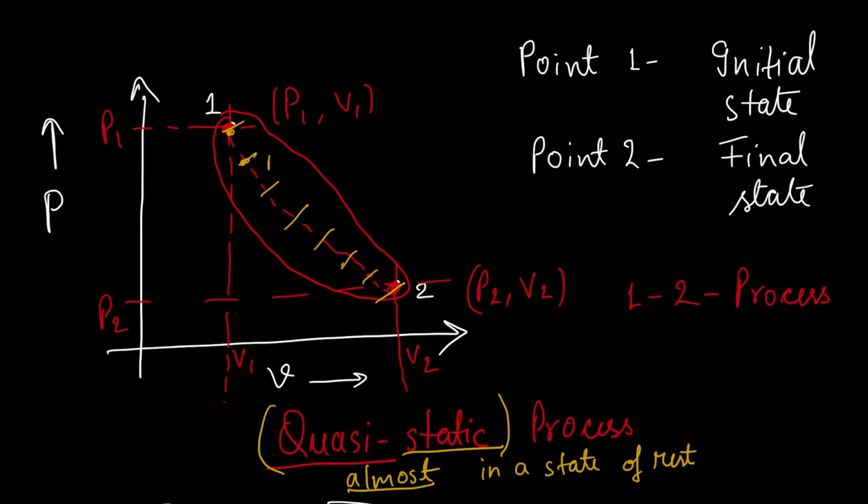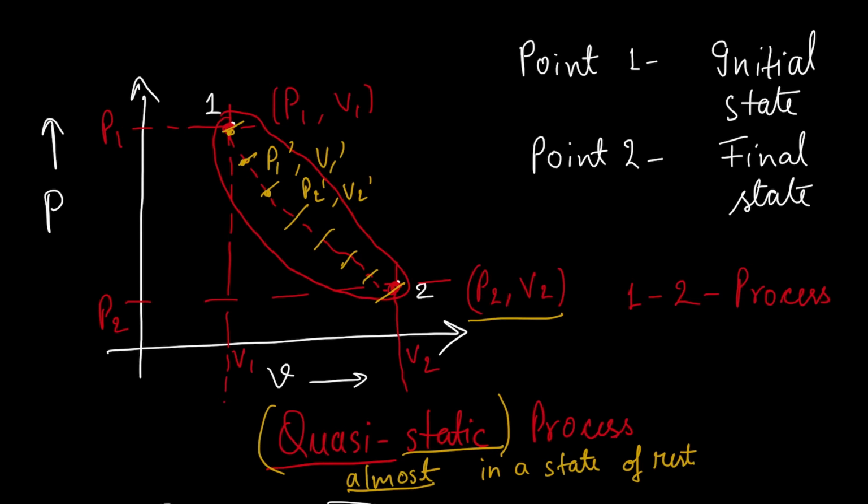But what if I go from point 1 to this point, let's say this is P1 dash and V1 dash, and then to this point P2 dash, V2 dash, and I slowly progress towards my final position, which is P2 V2. And all these intermediary steps, P1 dash, V1 dash, P2 dash, V2 dash, are in thermodynamic equilibrium.